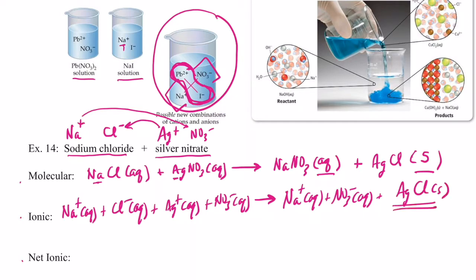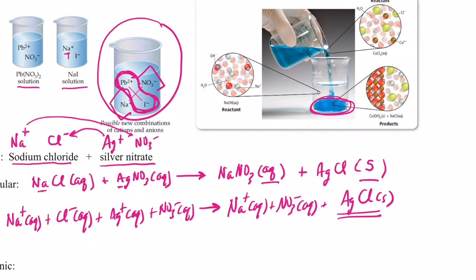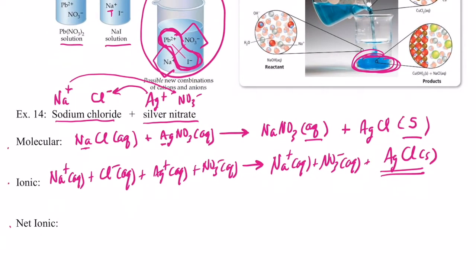That means I cannot separate it into its ions. We will have a solid forming, a precipitate forming in my solution. It will get cloudy, sort of like this picture up above where it shows copper(II) chloride and sodium hydroxide mixing together. We form a precipitate of copper(II) hydroxide. This would be a precipitate of silver chloride.